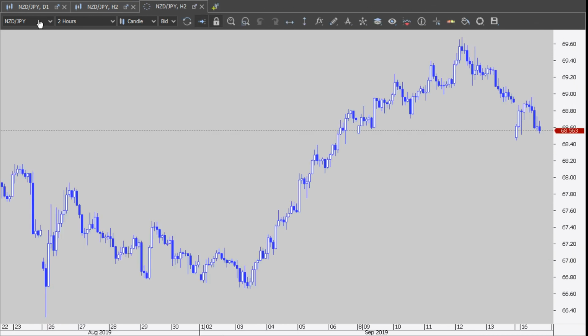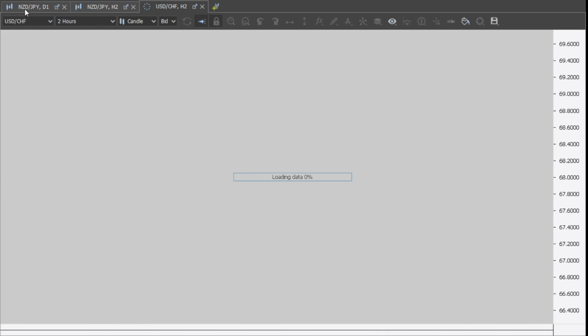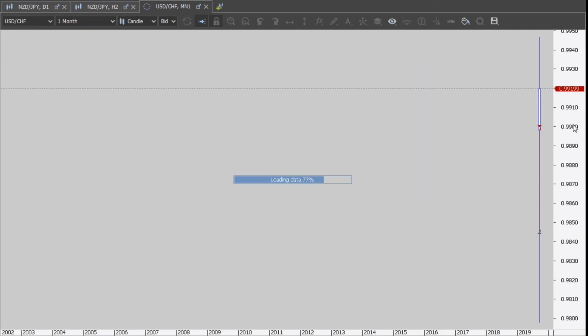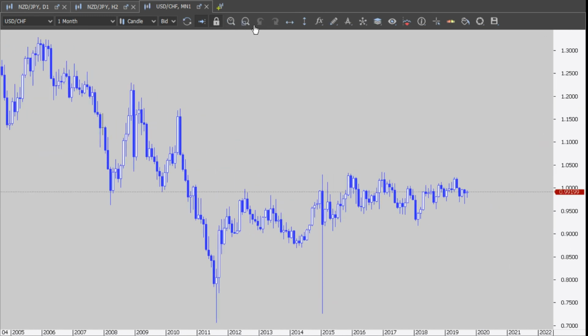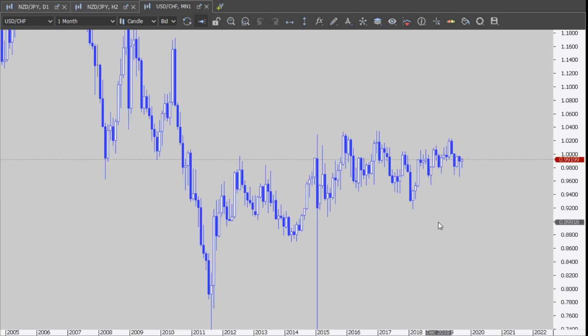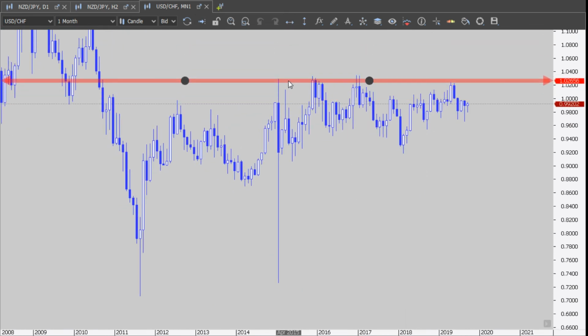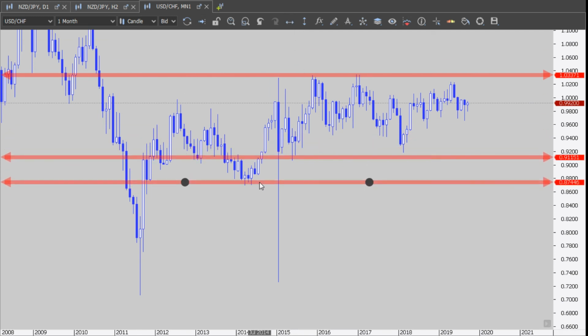4 minutes. USD CHF. Monthly chart first. Monthly chart. Where are we? We are here with different views. Some of you see a sideways channel, sideways movement with different areas like this one.